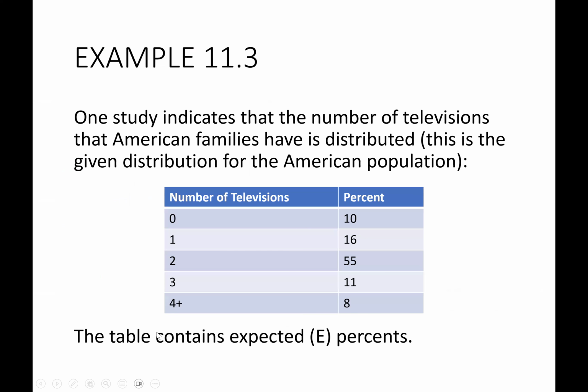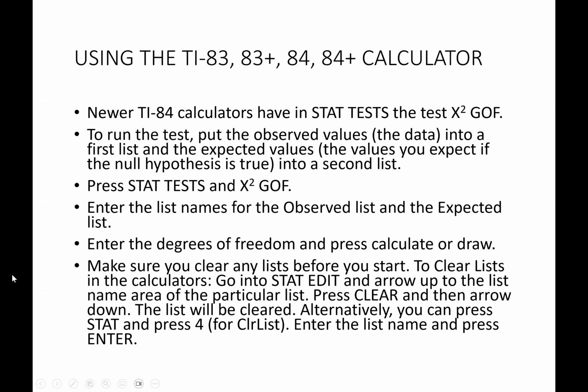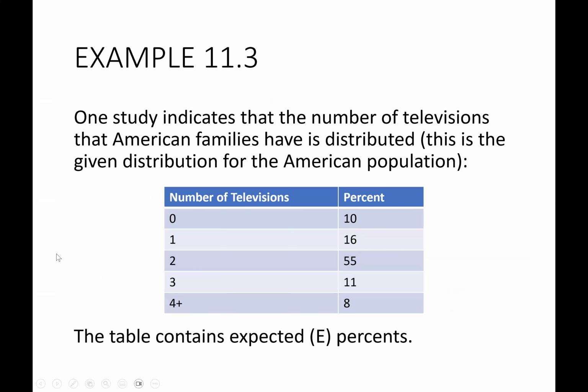All right. The previous slide, I kind of zipped right through it. It's just what I've been telling you about running the goodness of fit test. One study indicates the number of televisions that American families have is distributed this way.